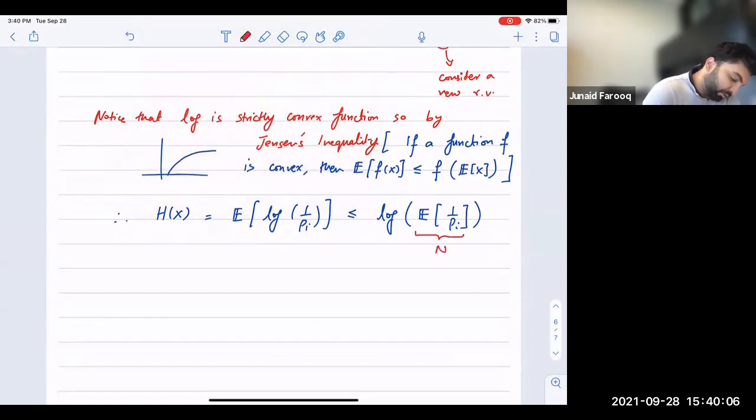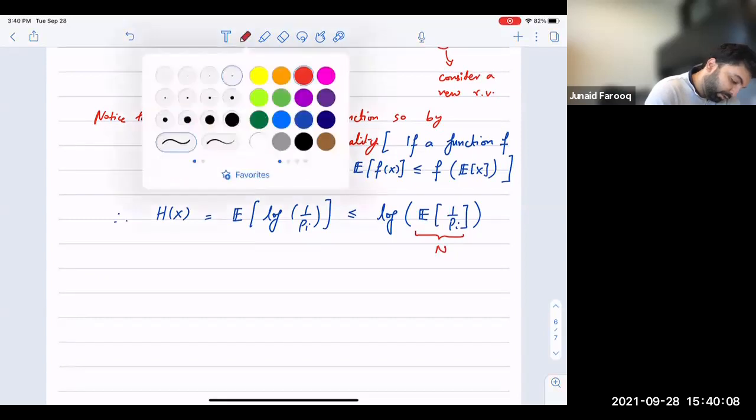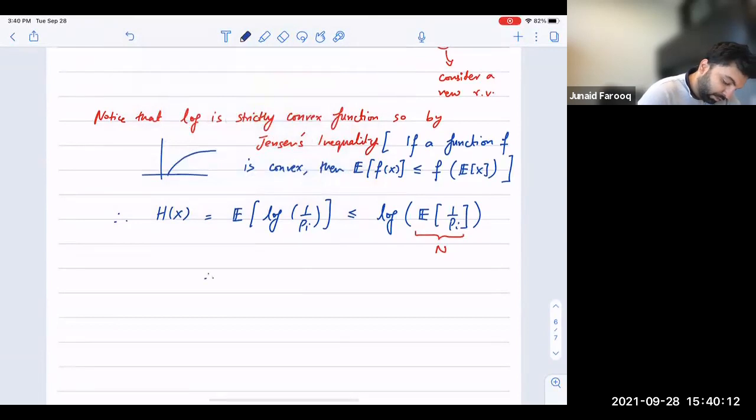So therefore, the H of X is less than or equal to log 2 of n.